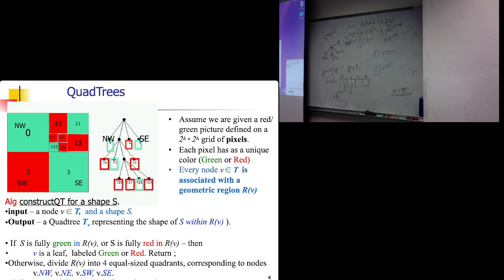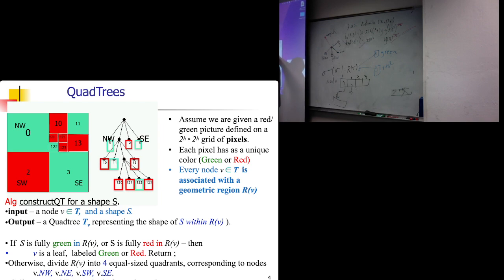Then what do I do? So let's see. I called the construct quadtree. Actually, you can construct it from the bottom up. You can construct it from the root down. Each approach has its own pros and cons. Here I construct it from the root down, and the shape that I'm starting with is the whole region altogether.